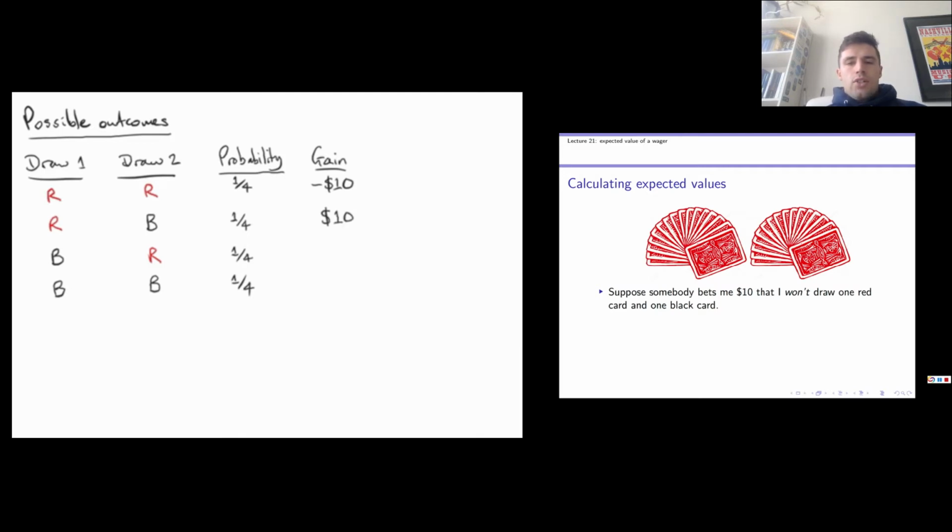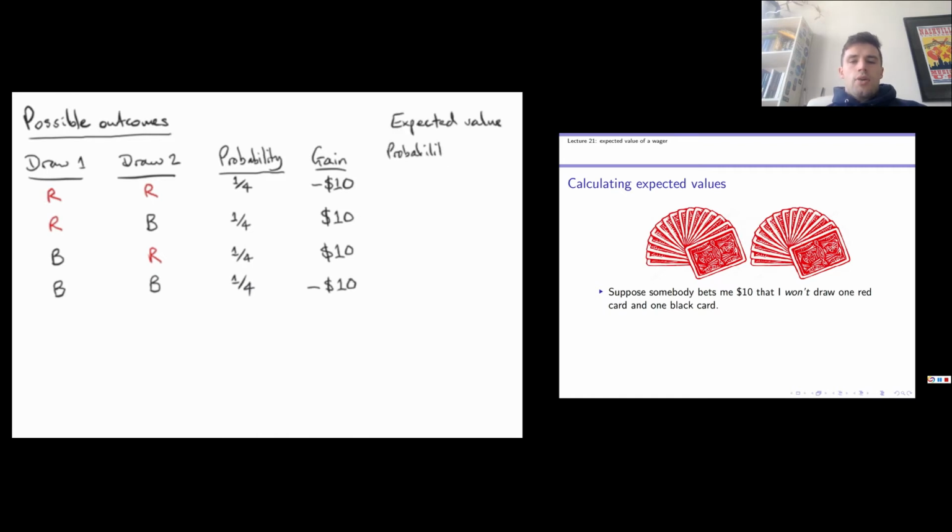Again, there I do draw one red card and one black card, just in the reverse order to outcome 2. So in outcome 3 I win $10. And lastly, look at outcome 4. There I draw a black card and another black card, so I don't draw one red and one black card. So in outcome 4 I lose $10. Okay, so we've got the gain column done. The final thing we do is calculate the expected values.